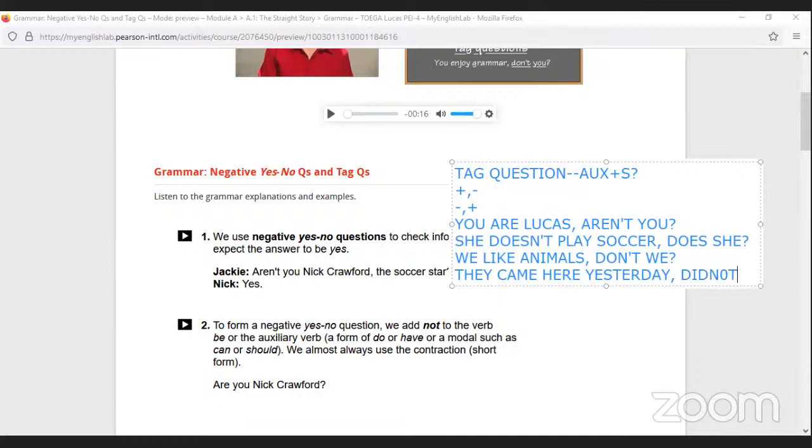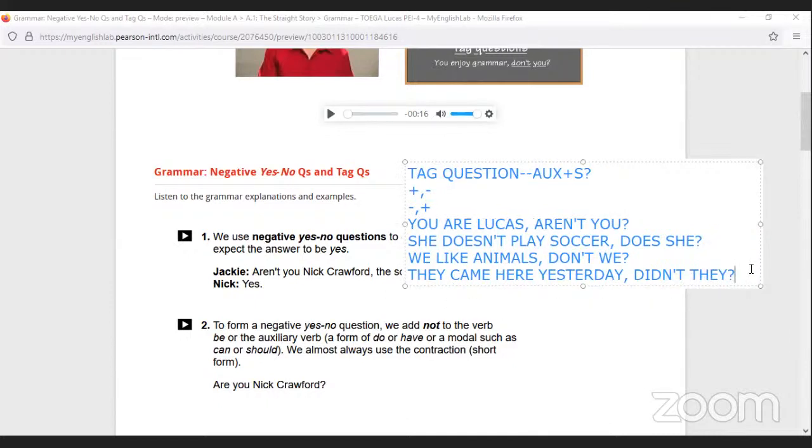So this kind of sentence works with the past and the simple present. Yes, the tag question works with all tenses: present, past, modals, present perfect. So we can use it with all tenses. These are the tag questions.